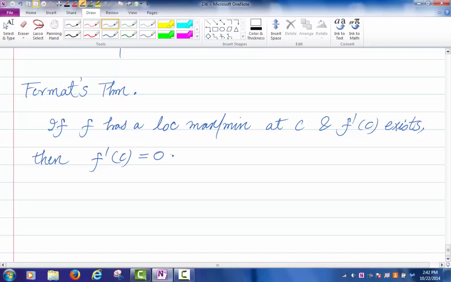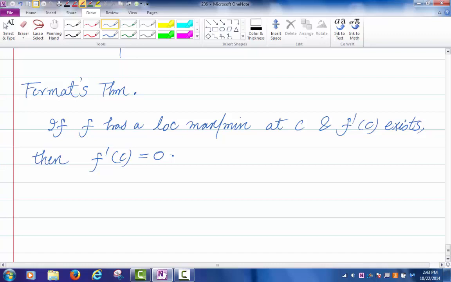Is that making sense? Remember, local max or local min means locally that's the maximum value of the function, right? If I have that f of c is a local max, it means that locally f of c is the largest value of f. That is, in an interval surrounding c, f of c is the largest value, right?